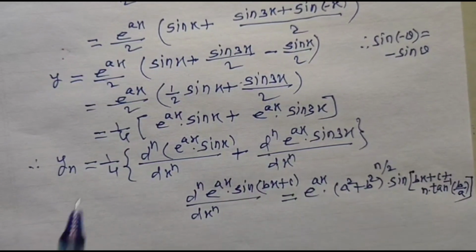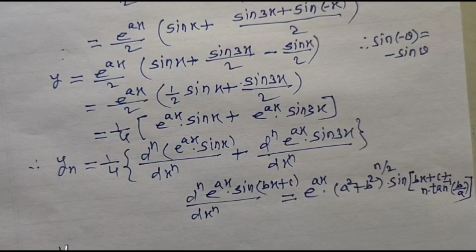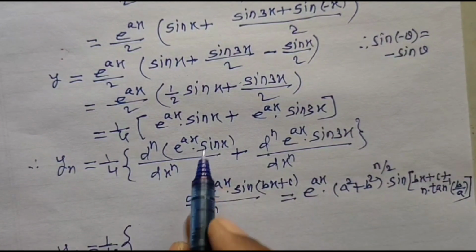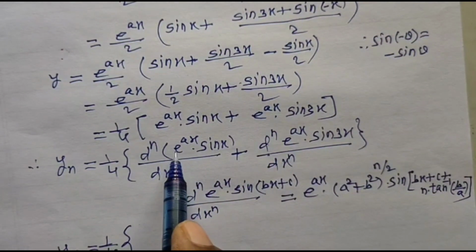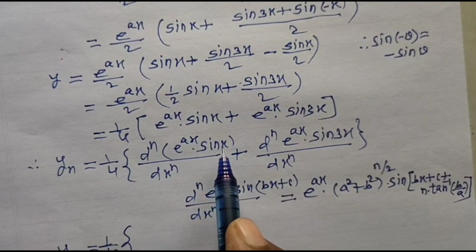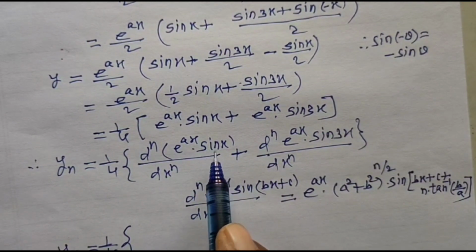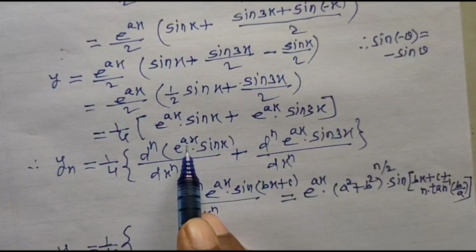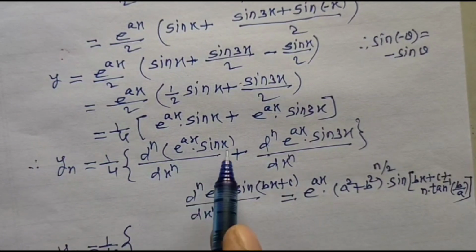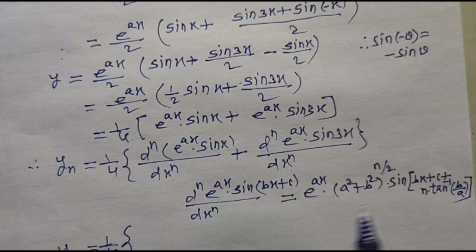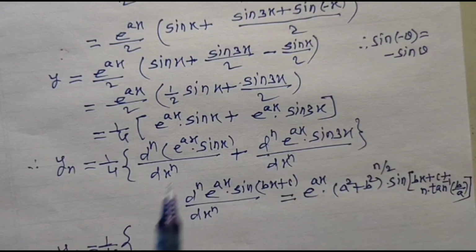So, using this formula, yn can be written as yn is equal to 1 upon 4 times the nth derivative of this. The coefficient of x is a in the power of e and the coefficient of x is 1 in the sine function. Okay, a is a as it is, b is 1 and c is 0.